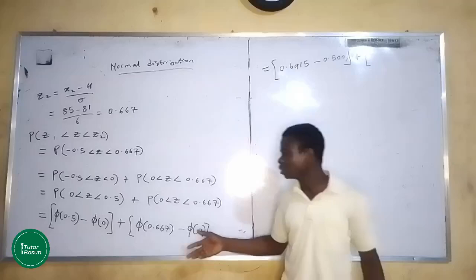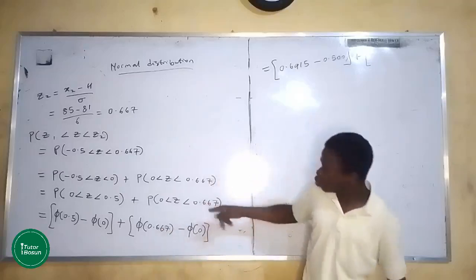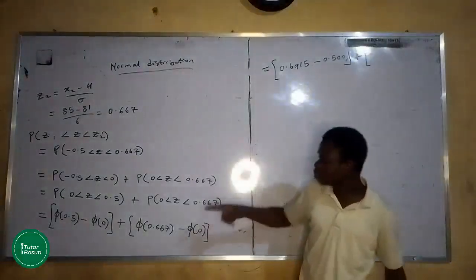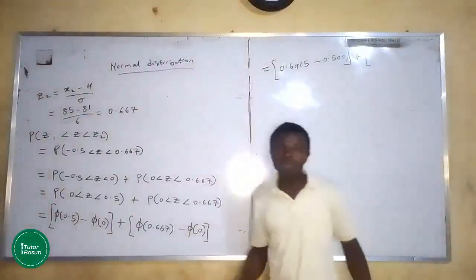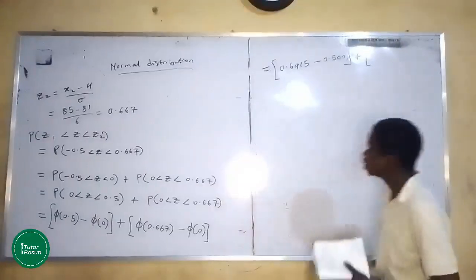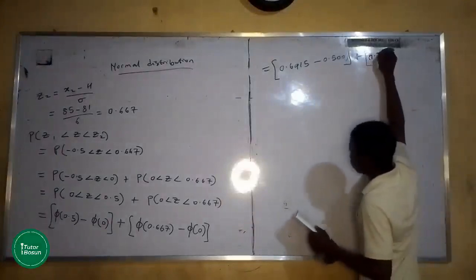If you can't find 0.067, check for 0.06. So the point of coincidence between 0.6 and 0.07 will give you your value of 0.667.